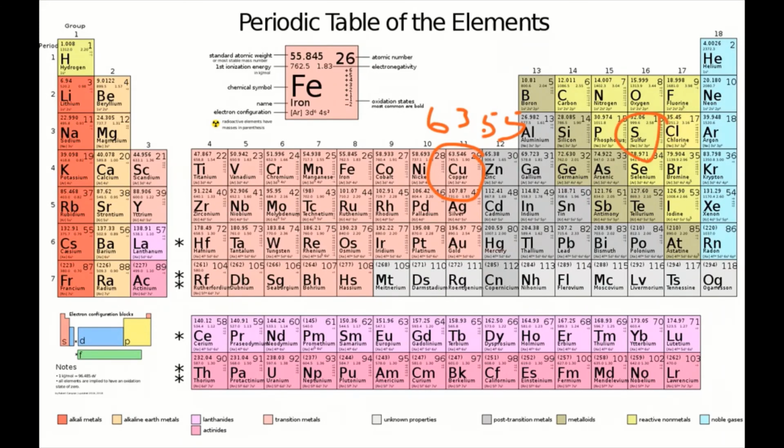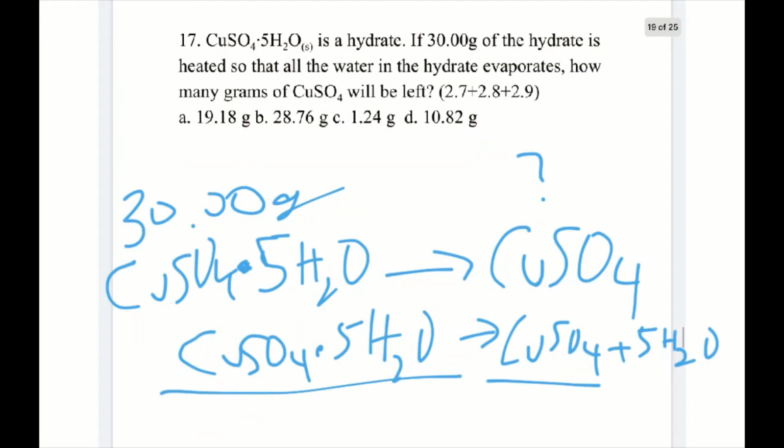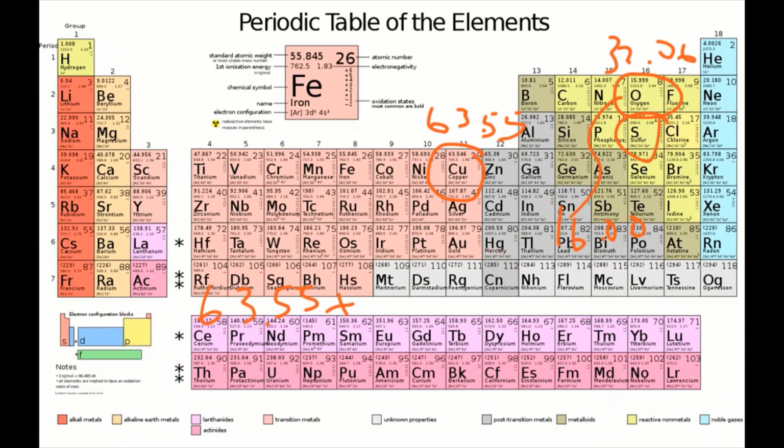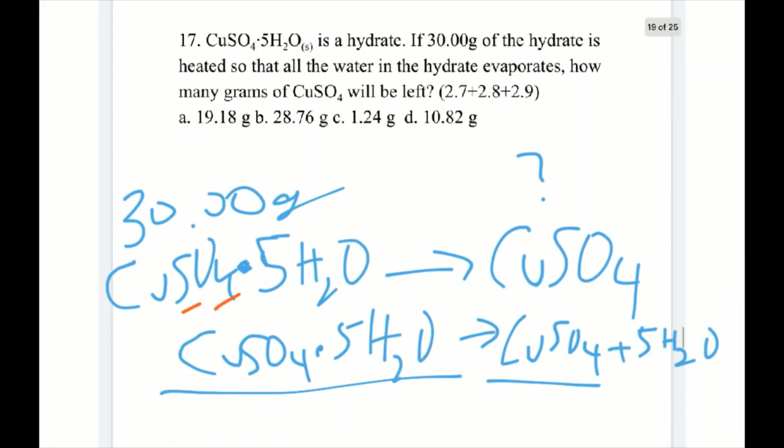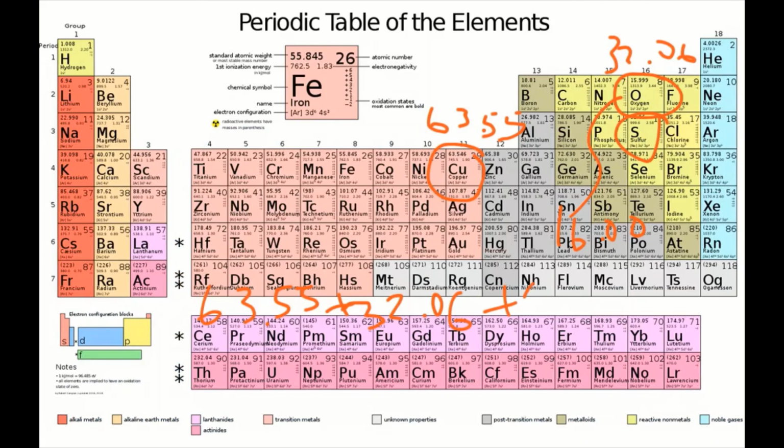Sulfur is 32.06, and oxygen is 16.00. So let's add that up. 63.55, which is the copper, and we have 1 sulfur, so 1 sulfur is 32.06. We have 4 oxygens in copper 2 sulfate, so 4 times 16.00.